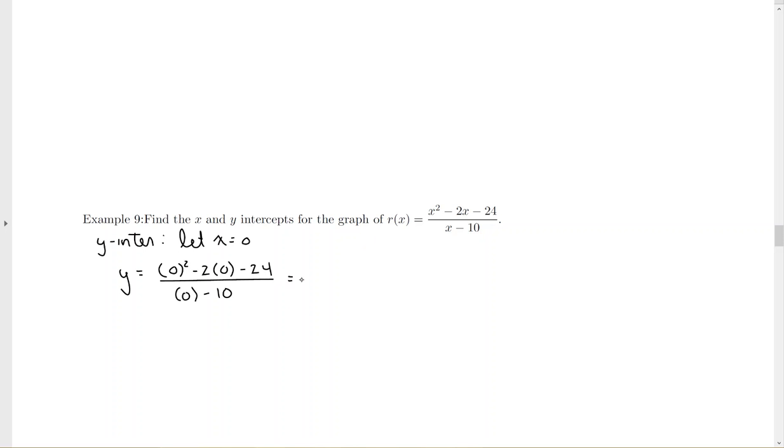So a negative 24 divided by negative 10. And then you can reduce that down. Two negatives make a positive, and then 2 will go into both of those. 12/5. So it's the fraction, or the point rather, 0, 12/5.